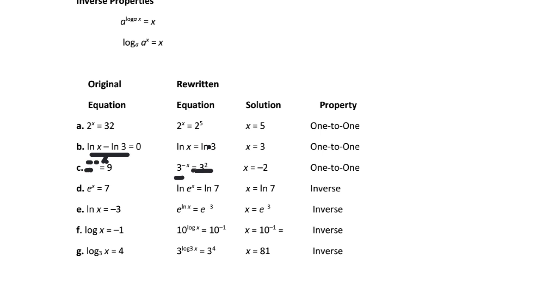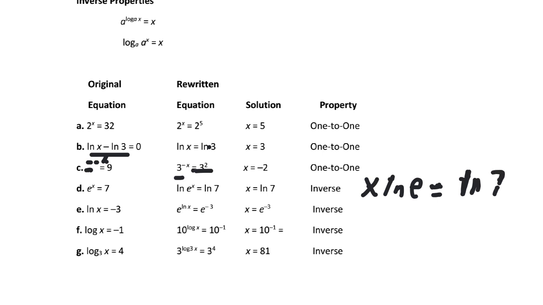Here we're going to use the inverse property, where we're going to take the exponential and use natural log because it's an e. And natural log of e to the x equals ln 7. That x comes out front. So your next step would be x ln e equals ln of 7.